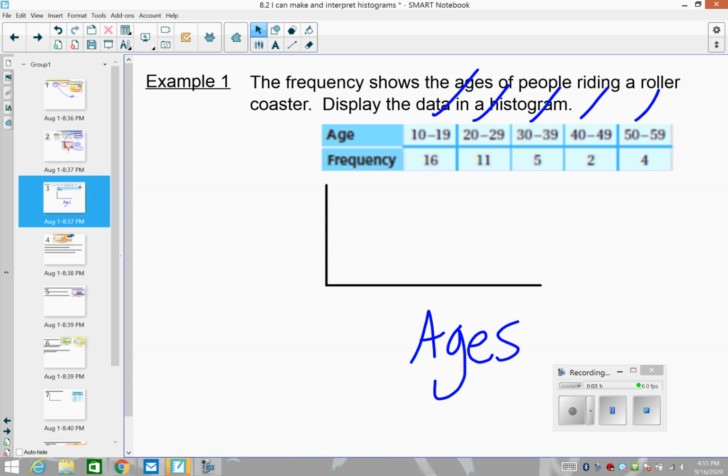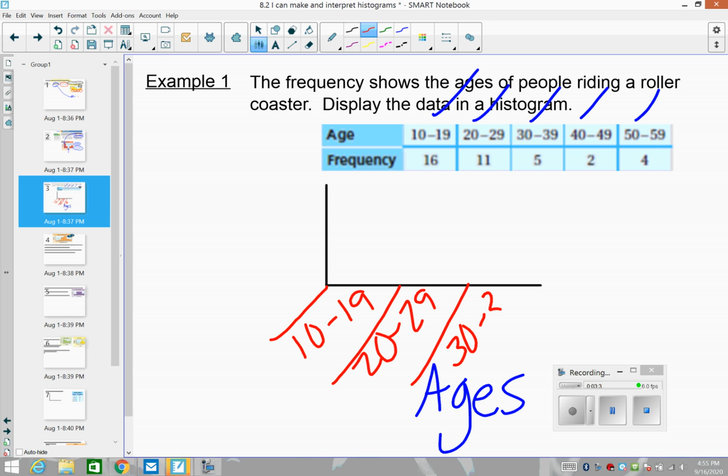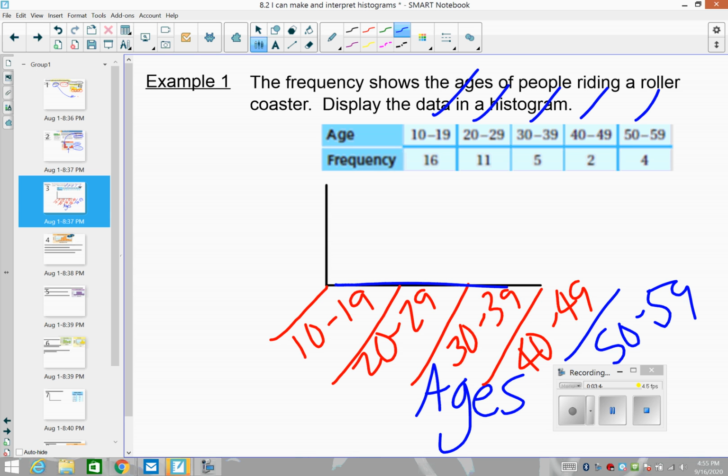So I'm going to make my bars down here: ages 10 through 19, ages 20 through 29, ages 30 through 39, ages 40 through 49, ages 50 through 59, and those are my ages. Those are my intervals. That's what makes it a histogram.